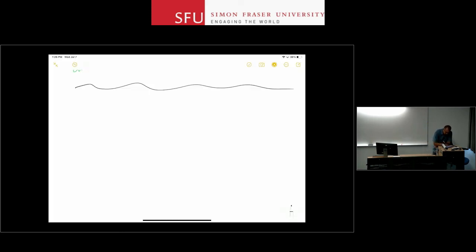So let me draw that circuit, including the noise sources. I have a diode. This diode has a shot noise source in series with it. It goes into an amplifier, so this is my transimpedance amplifier. I have a current noise source here for the amplifier, another current noise source here for the amplifier.